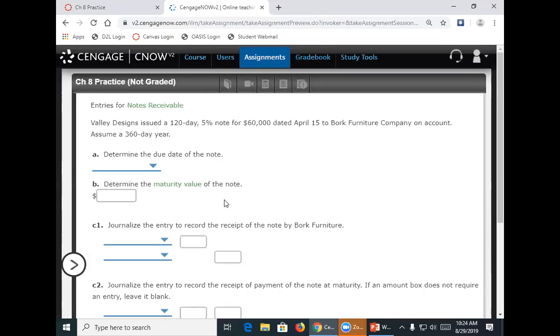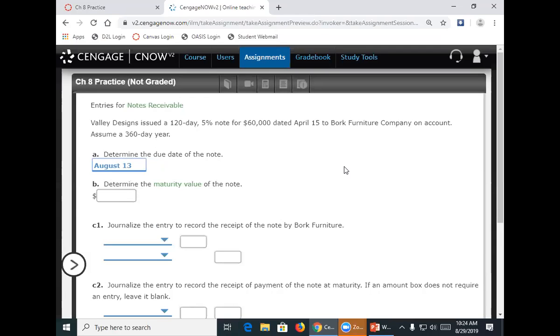Everyone understand that? So 15 days left in April, plus 31 days in May, 30 in June, 31 in July, got us up to 107 days. So we have 13 days left. So this one is due August 13th.